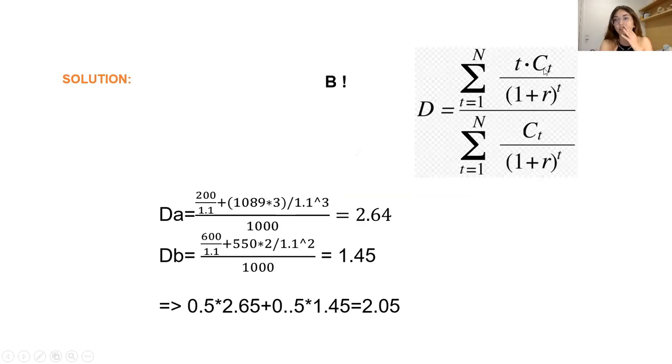So it's this formula: cash flow multiplied by t and discounted, and then everything divided by the price. In this formula they write it in a more complicated way, dividing by the sum of the cash flows discounted, but this is pretty much the price. So it's just cash flow times t discounted, divided by the price.